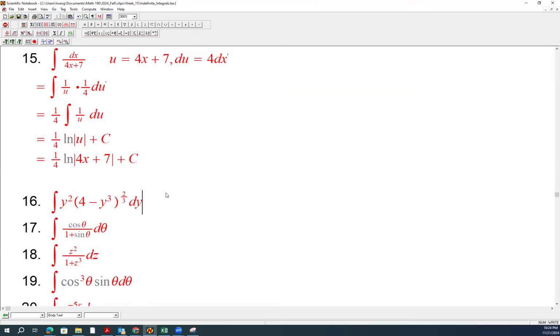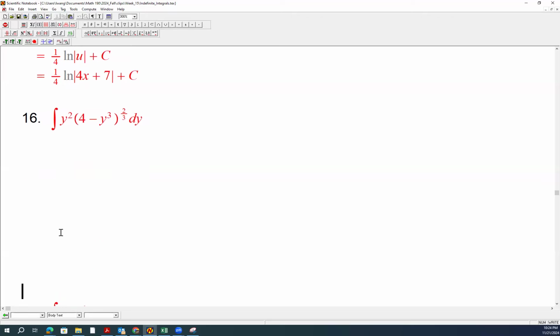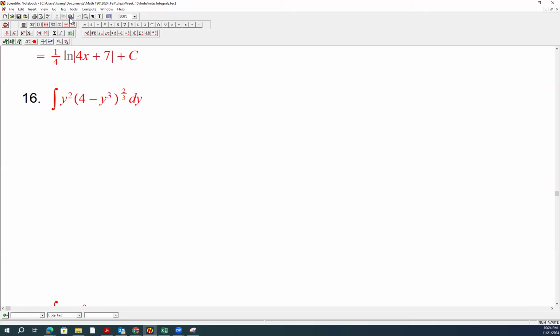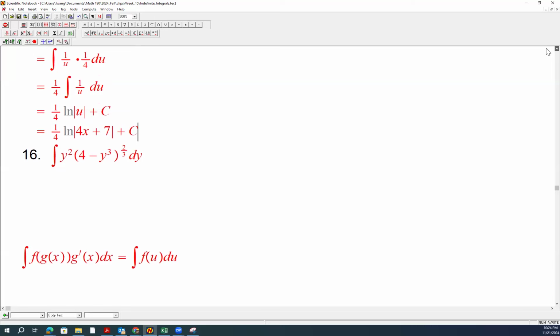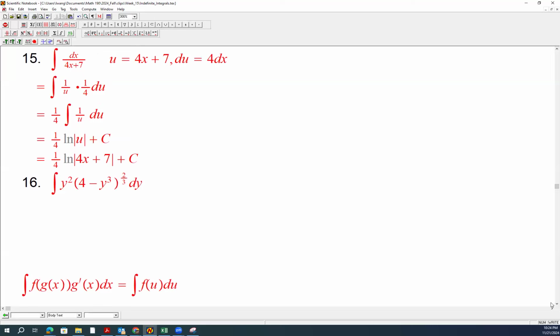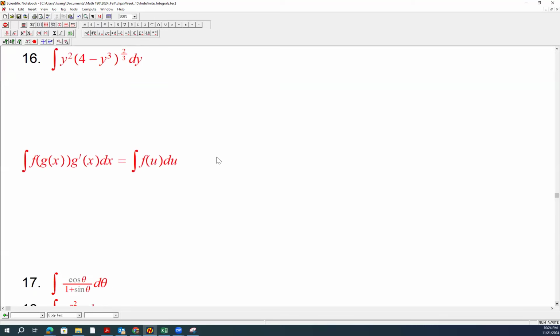Number 16. All right? 15, 16. We see some fractions in the exponent, and we have another term here, y squared, but no fear, right?